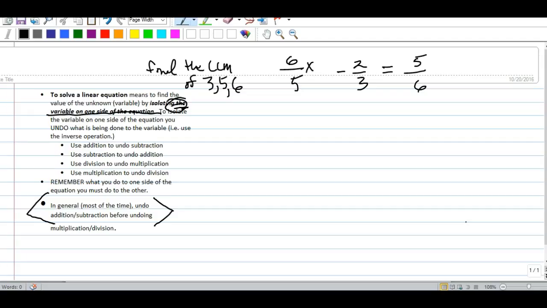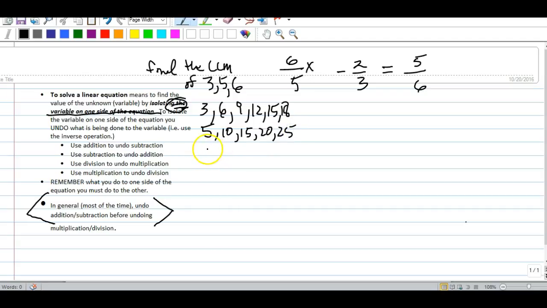So let's find the LCM of 3, 5, and 6. If you want to, you can make a list. We've done that earlier. 3, 6, 9, 12, 15, etc. 18. These are all multiples of 3. Multiples of 5 would be 5, 10, 15, 20, 25.